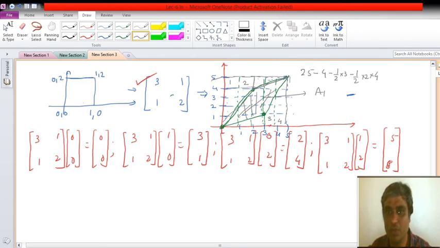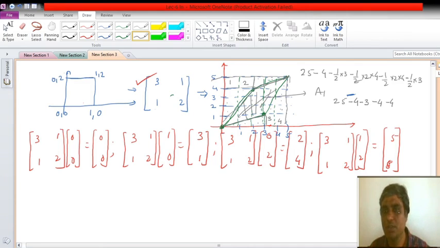Same for this one, minus 1 by 2 into 2 into 4. And what is the area for this? 1, 2, 3 and 1, so it is the same, minus 1 by 2 into 3. Okay, so this will be 2, 2, so it is 25 minus 4 minus 2 times 3 by 2, so it will be minus 3. Okay, and this will be minus 4 and this is minus 4, right?